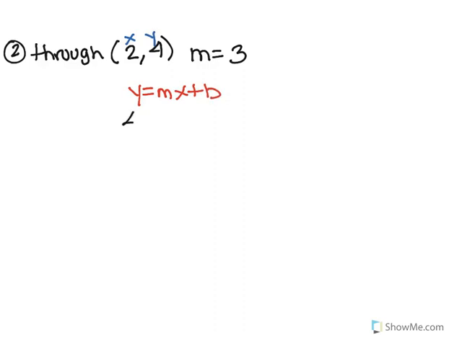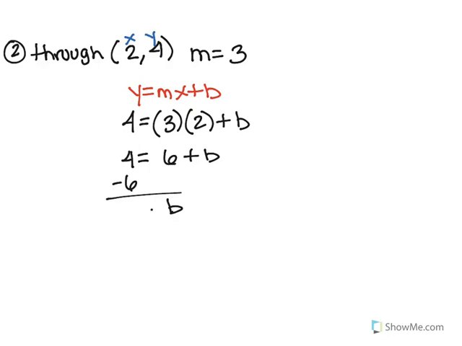So y is what, 4? M is 3, x is 2, plus b. So we have 4 equals 6 plus b. And what do you do to get b by itself? Subtract 6. So b is -2. Your y-intercept is -2.